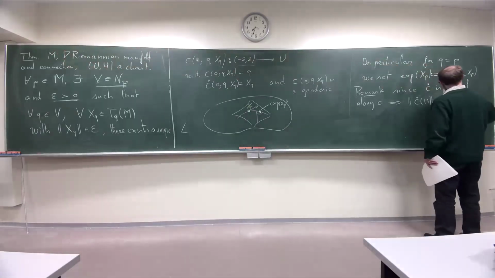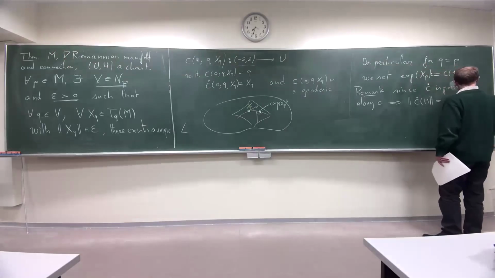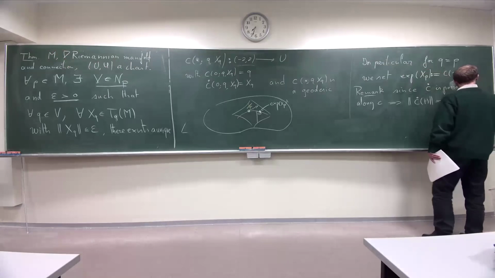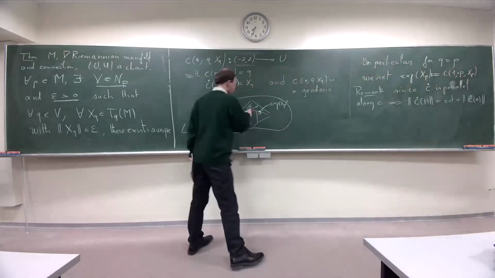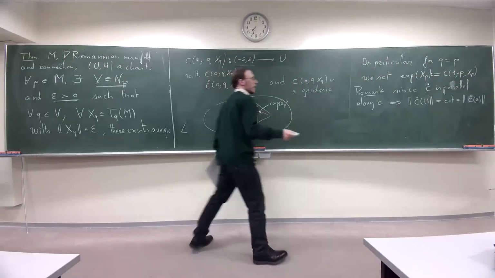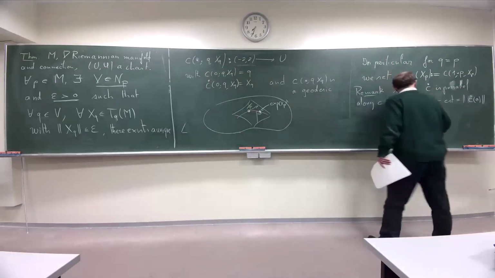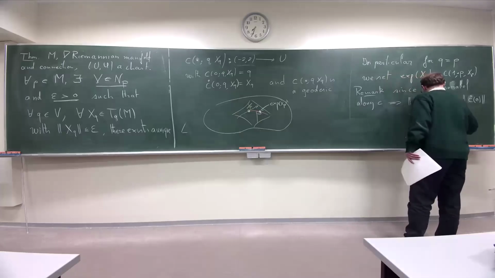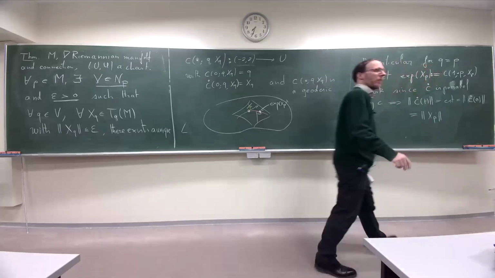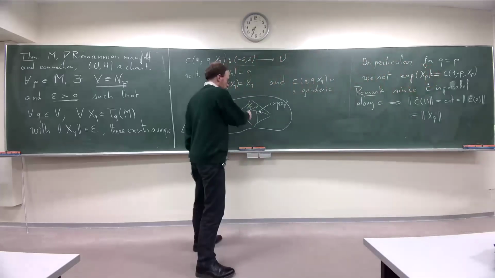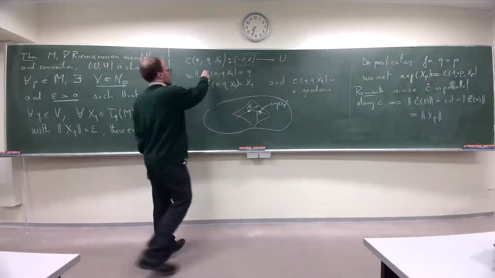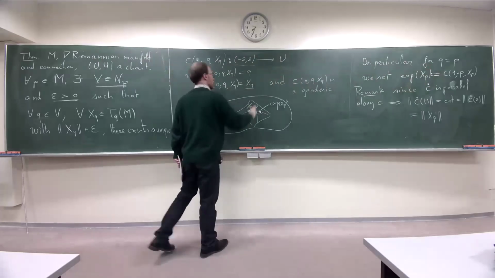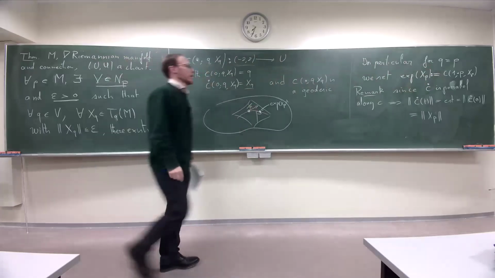But what is this constant? You can take it at 0, because it's constant, I can compute it at any place. And by definition of this geodesic, this is nothing but the norm of xp, because the derivative at time 0 is this one.